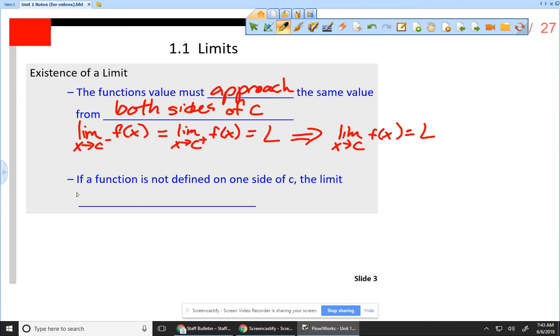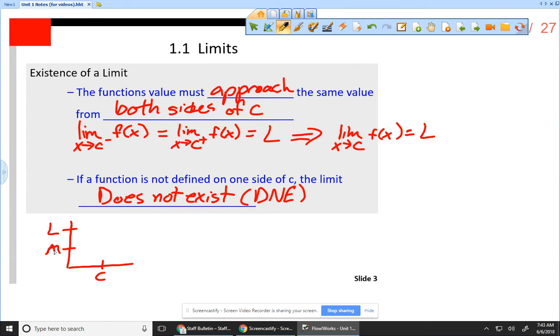Now, also, if a function is not defined on one side of c, then we would also say that the limit does not exist. And many times we would just write DNE. That is a generally accepted way to make that statement. So, for instance, let's say that we have a graph here. Here's L, here's M, and here's c.